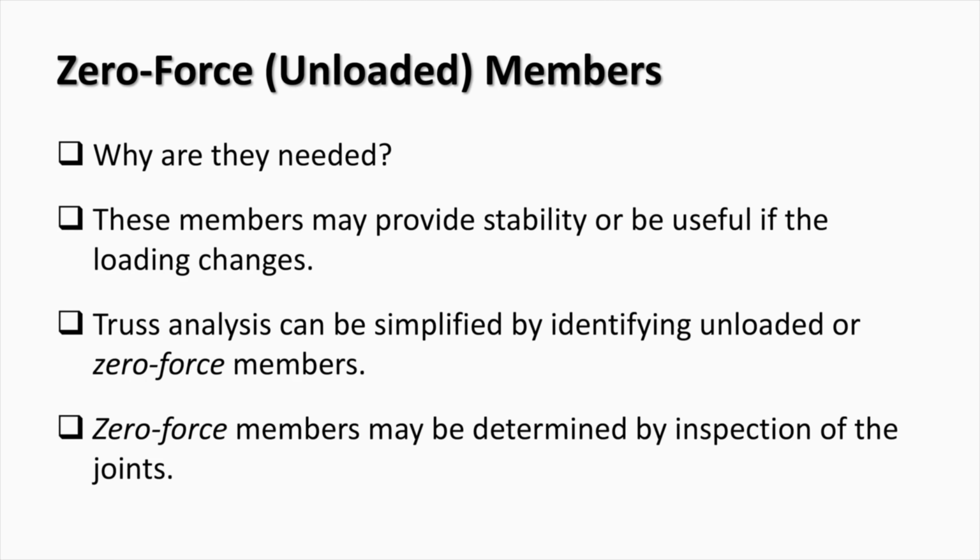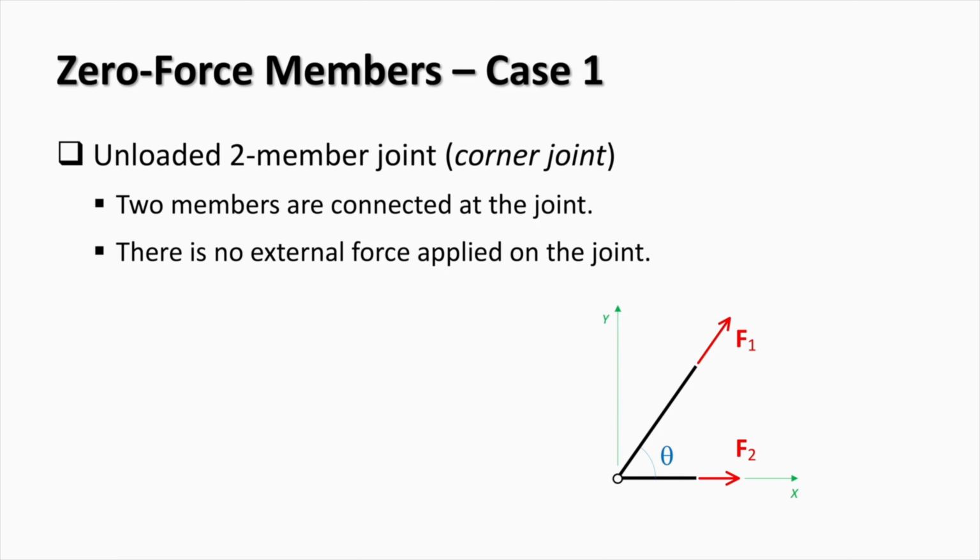Let's consider two main cases. The first arrangement of bars that indicates the presence of zero force members is an unloaded corner joint connecting two truss members. Note that the bars should not be on one line, they cannot be collinear. Let's consider the corner joint shown in this slide.